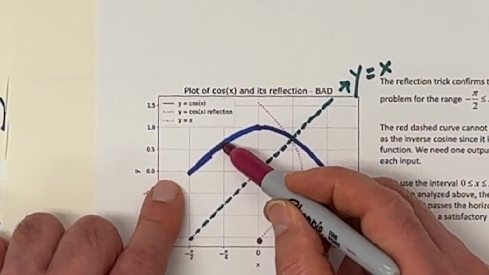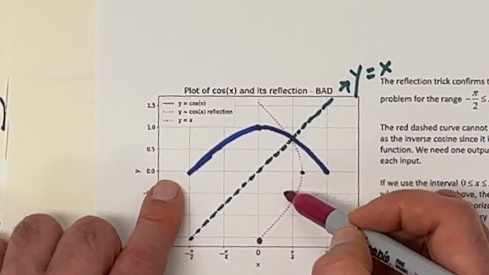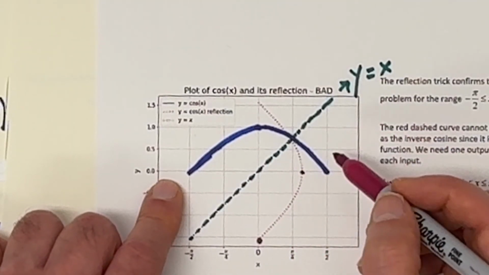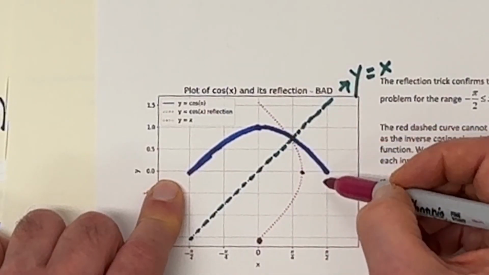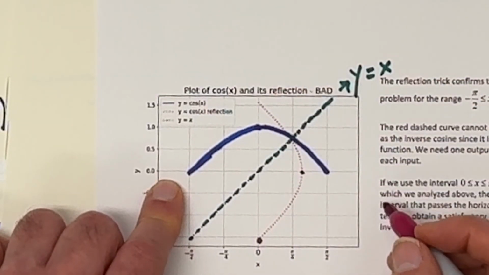So you take any one like this, for example, a point here, you go there, the reflection, the same distance on the other side. So we have a big problem here because, see, when you reflect this and get that red one and you do your vertical line, you're going to have two values.